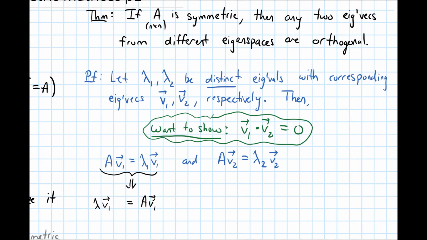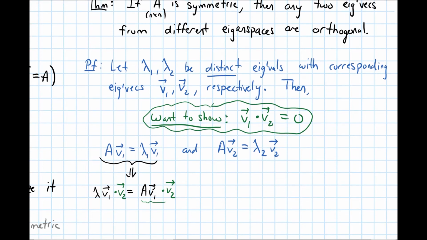And now let me dot both of these by v2 on the right. The reason why I decided to switch the order is it's going to be easier for me to do computation with this right-hand side. So I wanted to put this on the right so I could use all the space that I have here to continue evaluating this. All right, so we have A times v1 dotted with v2 being equal to lambda 1 v1 dotted with v2.